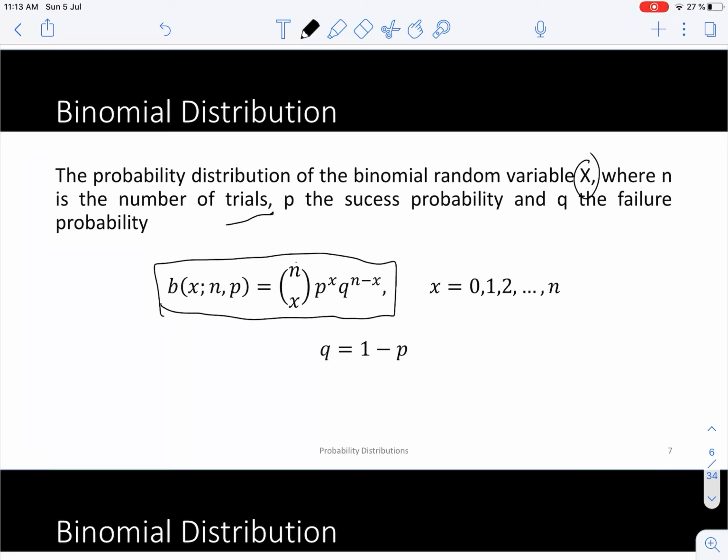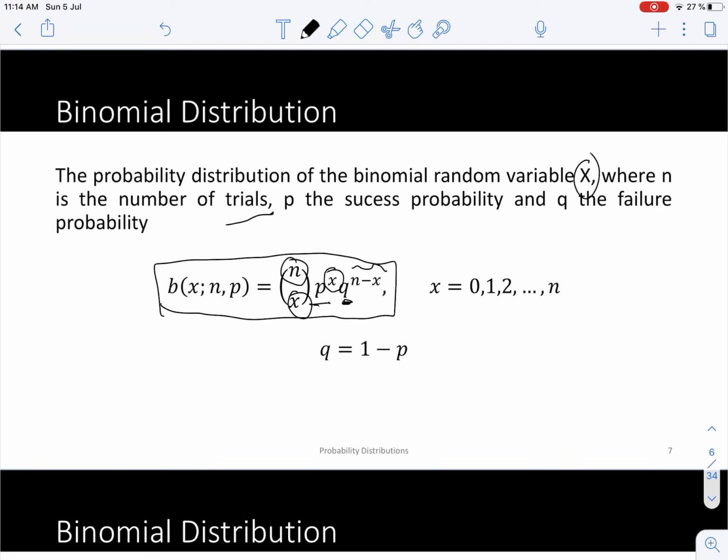From n trials, we get x successes, times the probability of success to the power of the number of successes, times the probability of fail, this is the complement, 1 minus p, remember, q, to the power of the number of fails. N minus x is the number of fails, right?